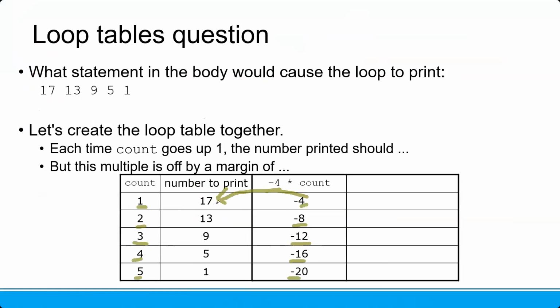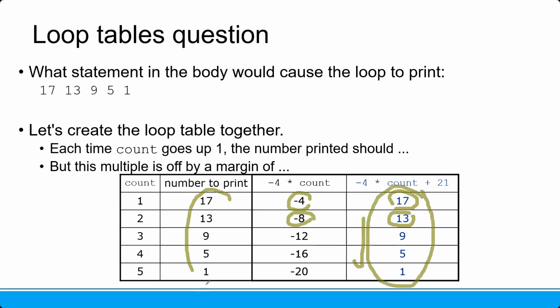If we have this number 17, then we can just add the number 21. You can see minus 4 plus 21 becomes 17. Minus 8 plus 21 becomes 13, and so on. So we get this result, the same as the problem.